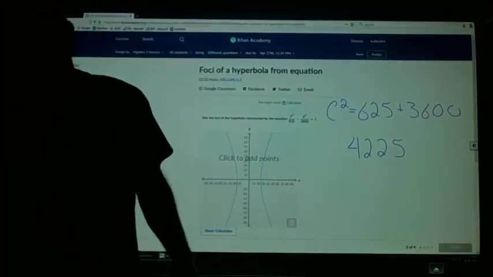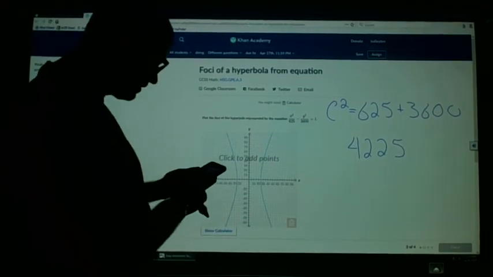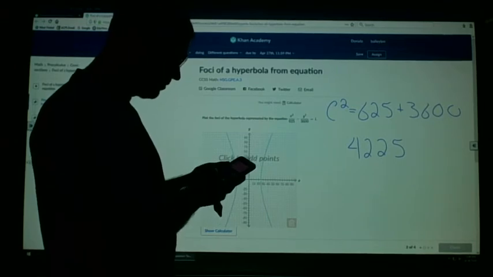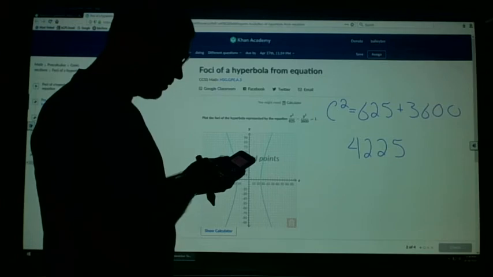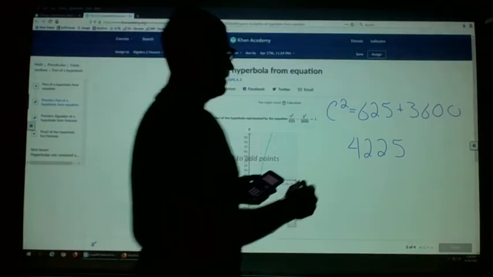Okay. And then we're going to take the square root of that, which I'm hoping is not a decimal. Check my arithmetic real quick. 625 plus 3600 is that, and we're going to take the square root of 4,225, which is 65. Good.